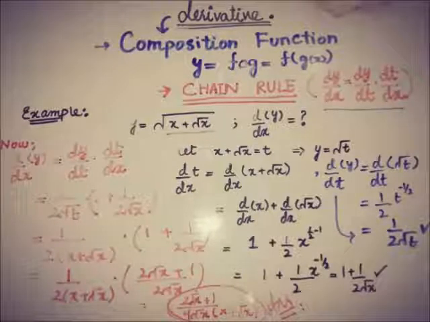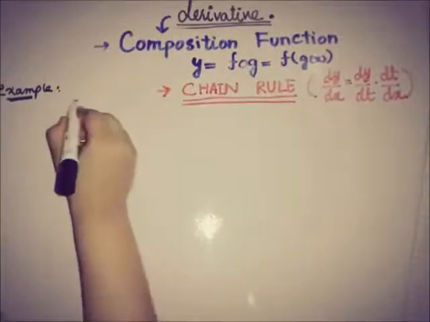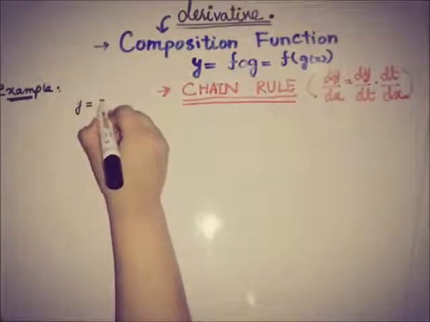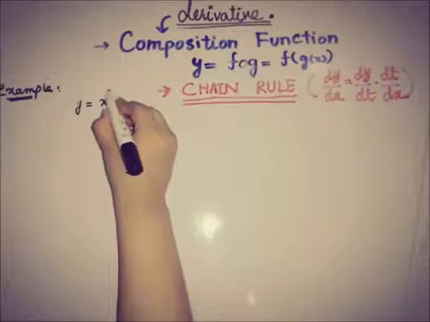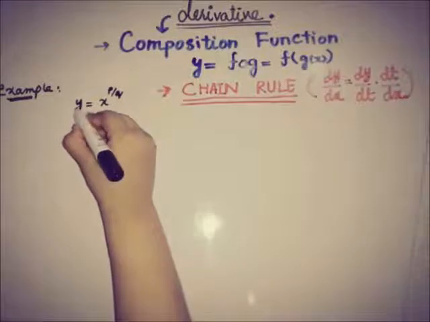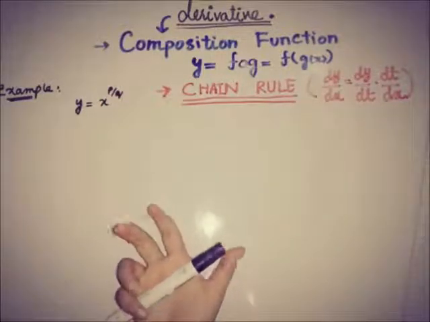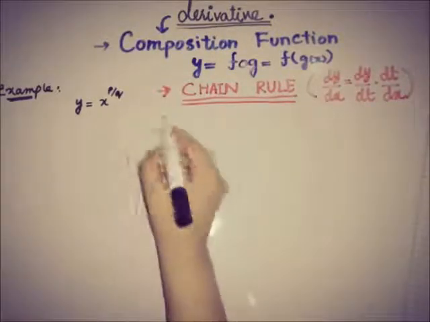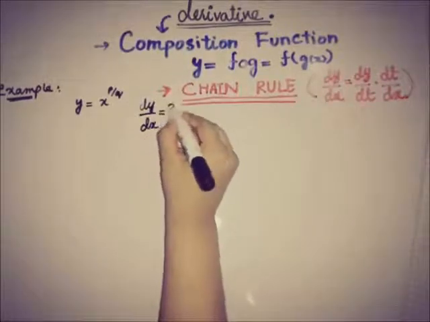Let's take another example. Now if we have a function y is equal to x to the power p by q, just making this function more different from the previous function x to the power n. So we have y is equal to x to the power p by q, and we have to find the rate of change of y with respect to x.